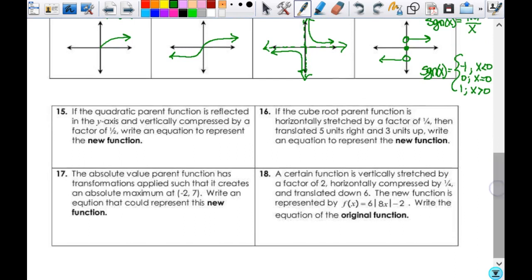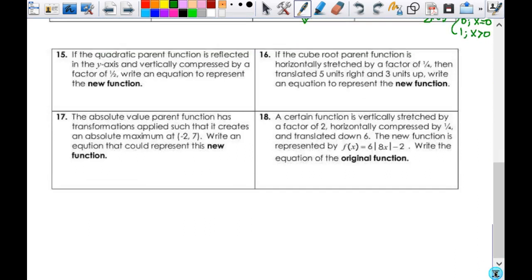All right, 15. If the quadratic parent function, which would be this, f of x equals x squared, is reflected in the y-axis and vertically compressed by a factor of 1/2, write an equation to represent the new function. Okay, so that means my new function, g of x, is reflected in the y-axis.